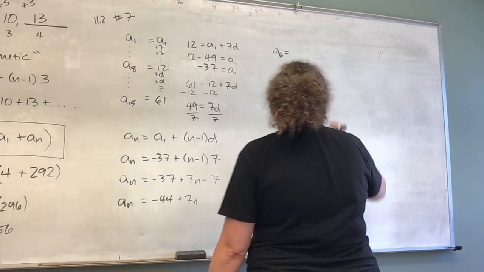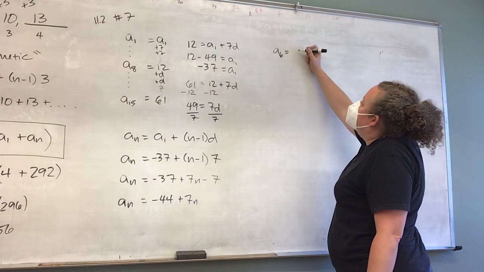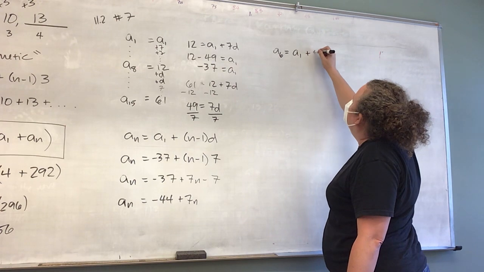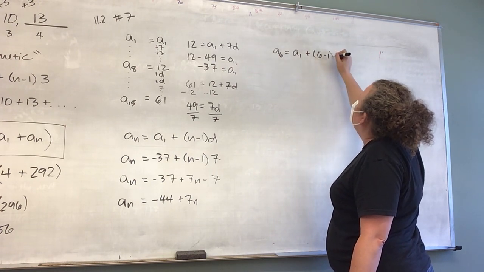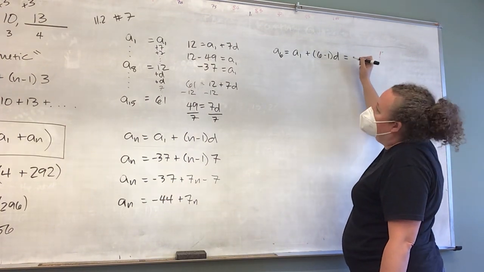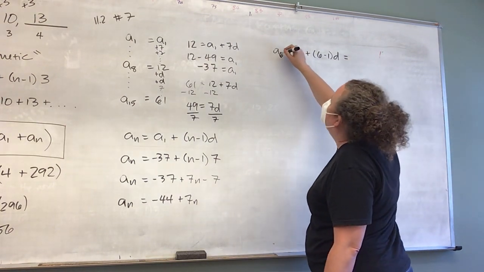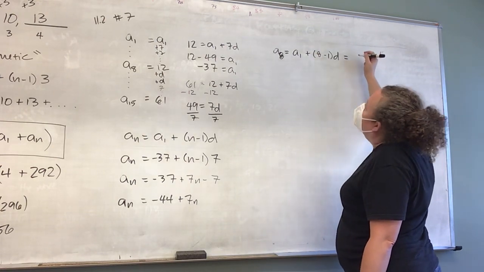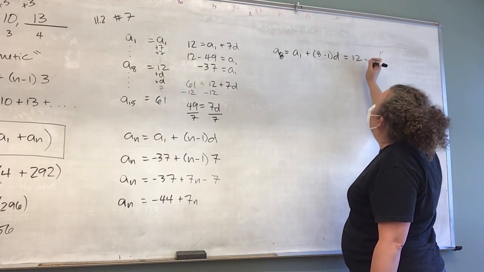That doesn't hurt either. So we could have A sub 6 equals A sub 1 plus 6 minus 1 times d, and we know, oh no, this is A sub 8, sorry. And we know A sub 8 is equal to 12.